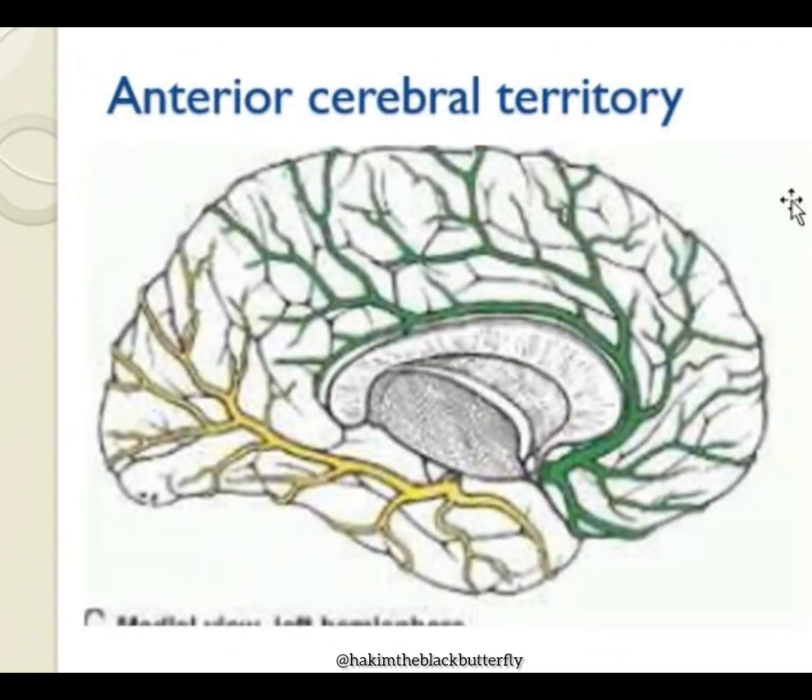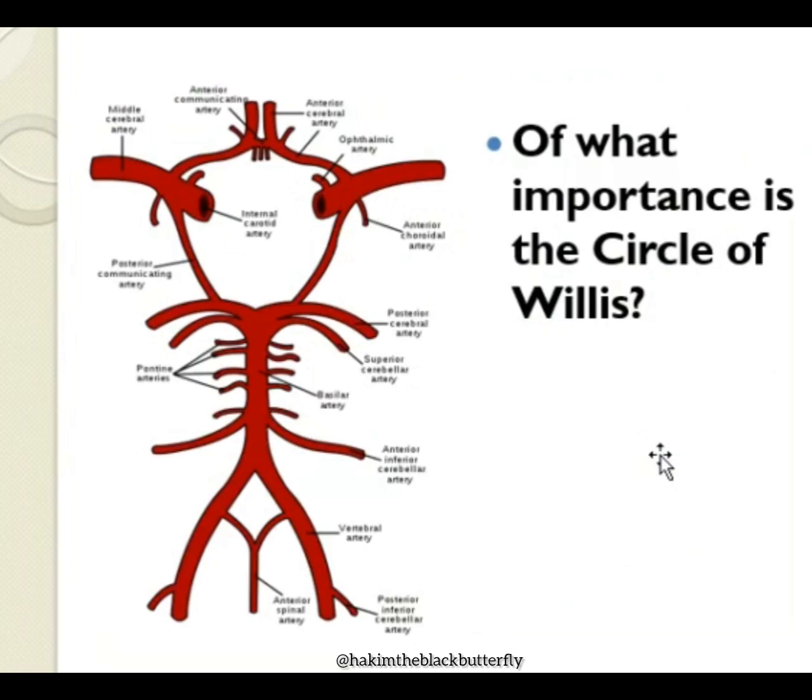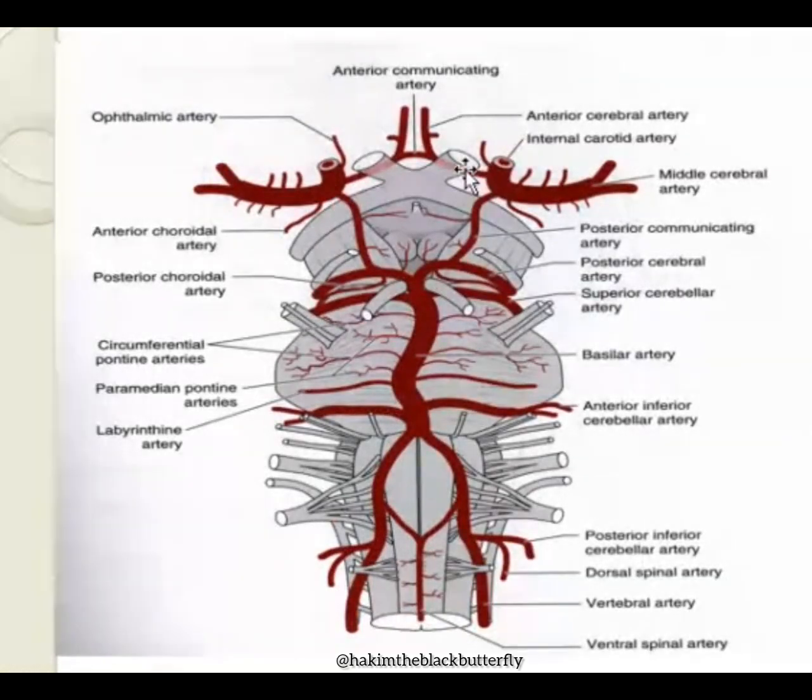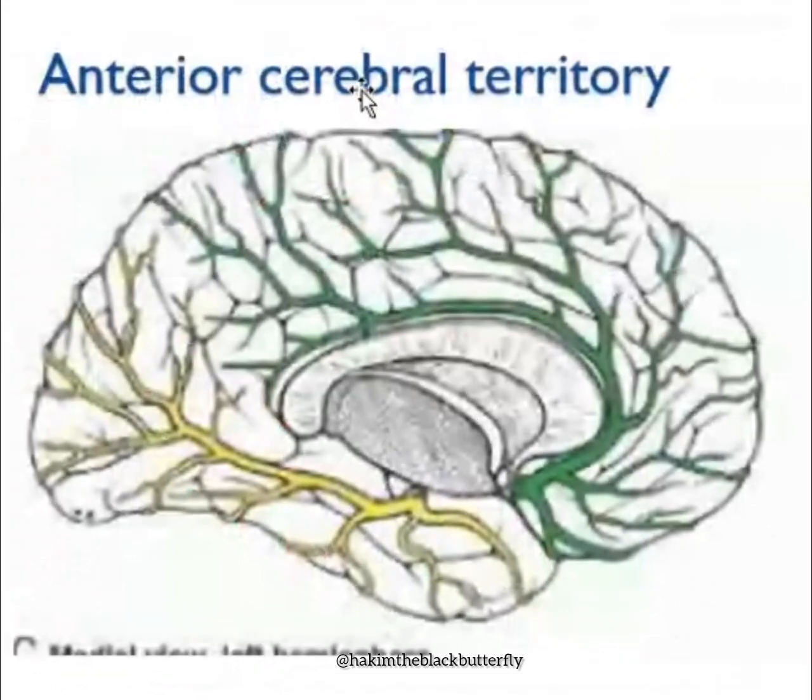So here we are looking at the medial aspect of the cerebral hemisphere in sagittal section. And we are going to look at the anterior cerebral arteries. So the anterior cerebral arteries are these ones.